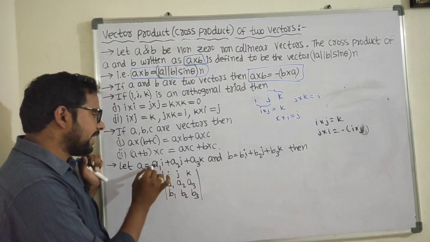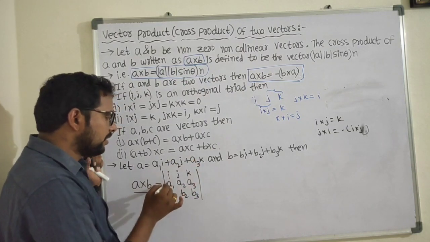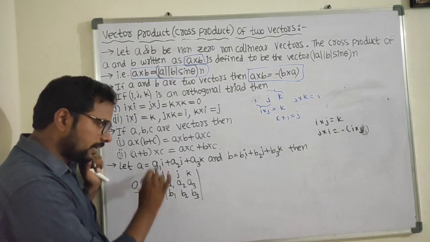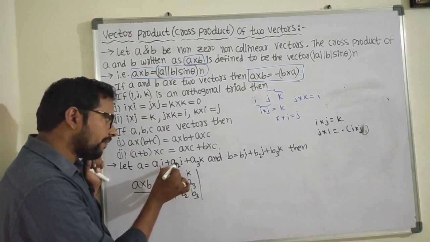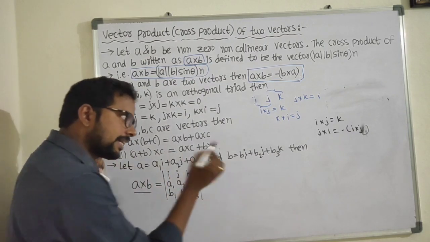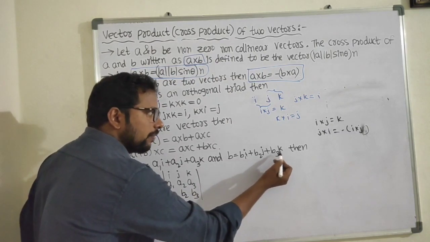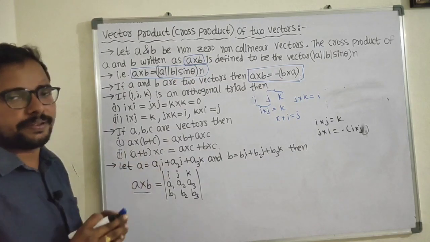What is the coefficient of i? A1, coefficient of j A2, coefficient of k A3. The first vector gives its i, j, k coefficients. From the second vector, i coefficient B1, j coefficient B2, k coefficient B3. This is A cross B.